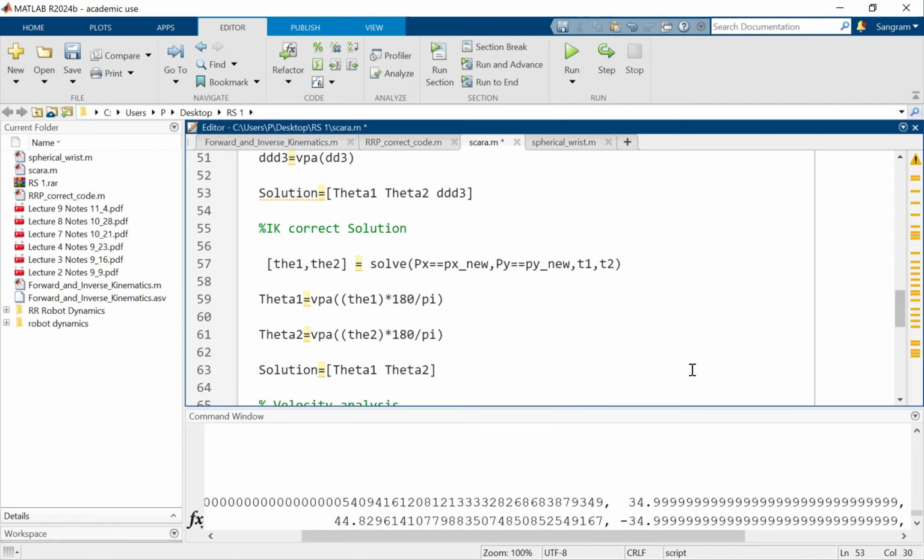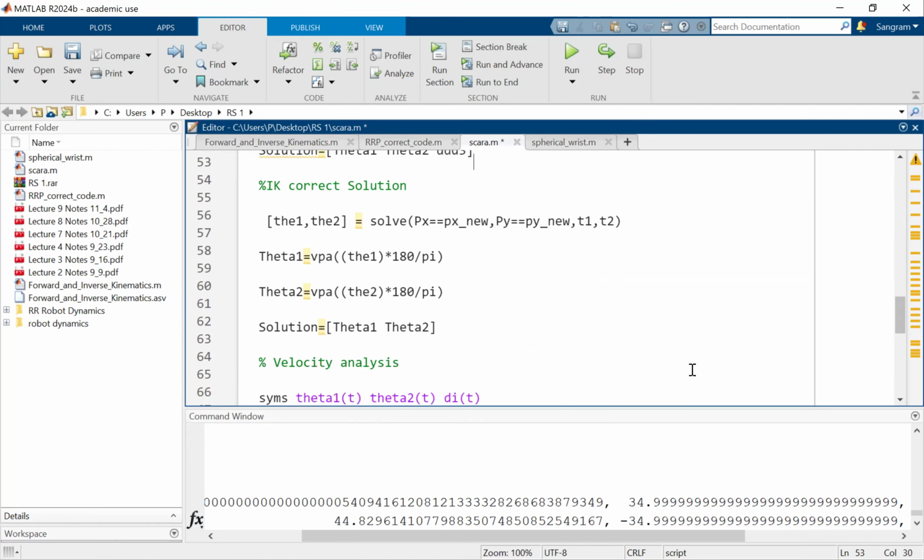Great. Everyone understood this? Please run this code. If you are using the latest version of MATLAB, probably solve is now smarter, so it can solve the ill-conditioned system. But if you are using an older version of MATLAB, you may not get the correct answer.